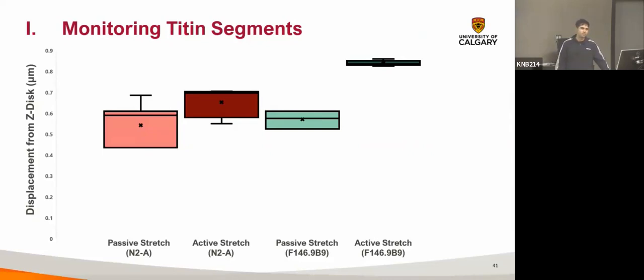I think that the lack of movement of the red label is very indicative of that. And going back to Benno's question, I would agree with you. So you would speculate that the binding site, we don't know that, is closer to the Z line, proximal to the N2A label.